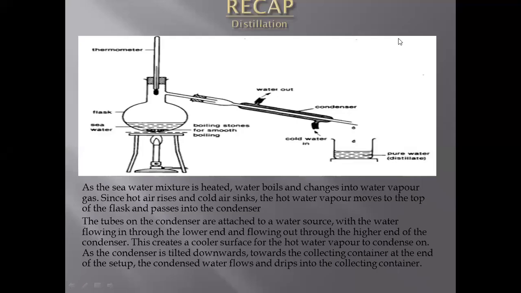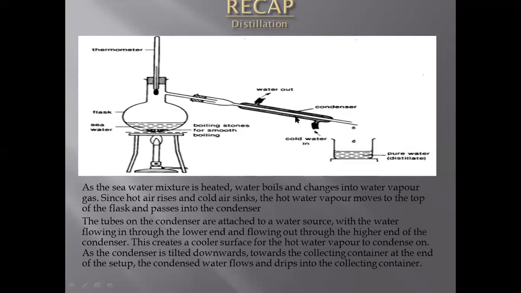Now we are going to do the recap of distillation. Distillation is also used to produce pure water from seawater, and for that seawater will be heated in the flask. At boiling point, the water changes into steam. The steam rises and enters into the condenser. In the condenser, the hot vapors cool down and change into water.